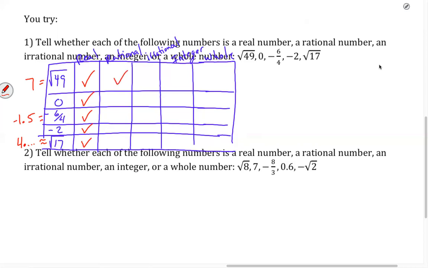Rational. Well, 7's rational, 0's rational. Well, that's a fraction, so that's rational. And negative 2 is rational. But the square root of 17 is not rational, meaning it is irrational.